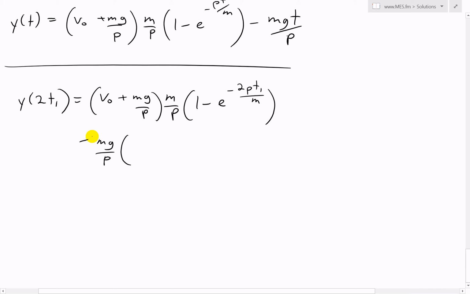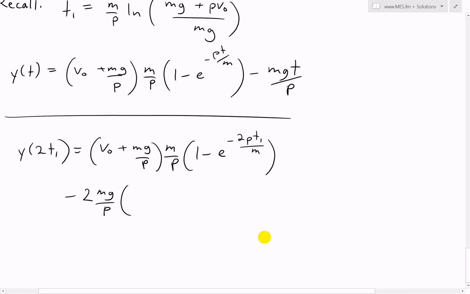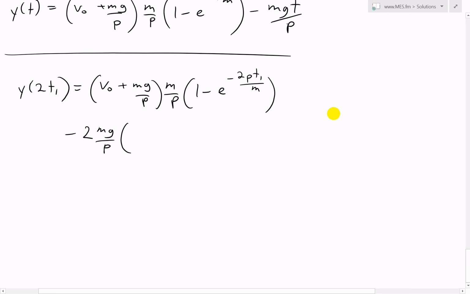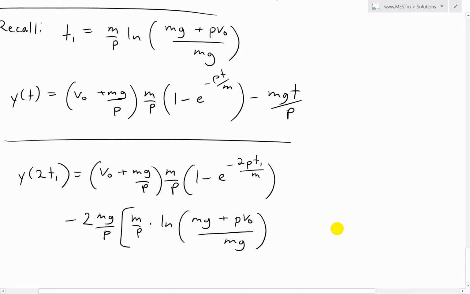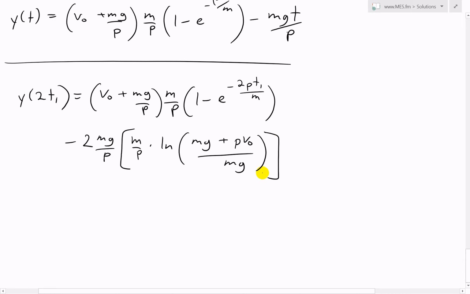So we'll put a 2 all the way in front, because there's 2 times t1. So 2, and then m over p ln m over p, times ln of, and I'll put a square bracket around, because we have another bracket in here. It's very tedious stuff, but then we'll have pv0 over mg. So that is what we have.